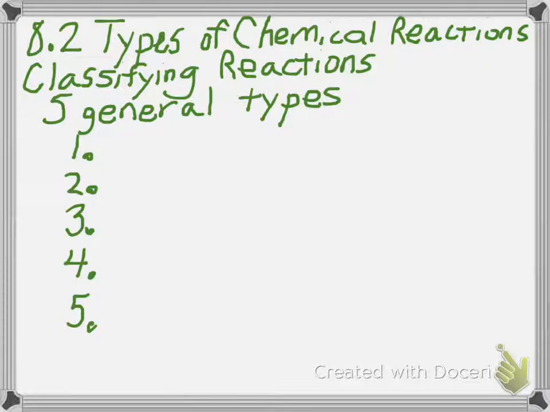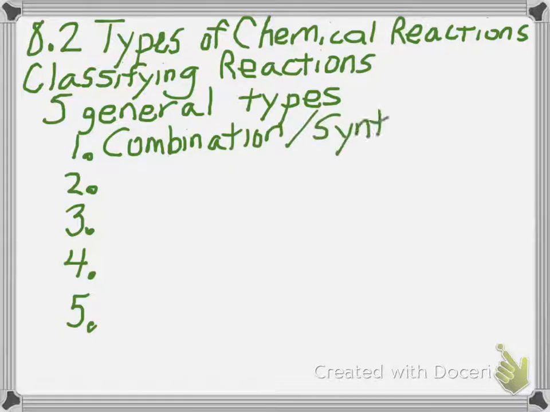The first type is a combination, or synthesis reaction. The reason that I give you the other name is because depending upon the college professor that you have, you might hear this reaction called a combination, you might hear it called a synthesis, and I want you to know that they're the same thing.